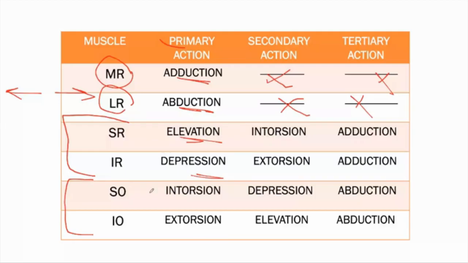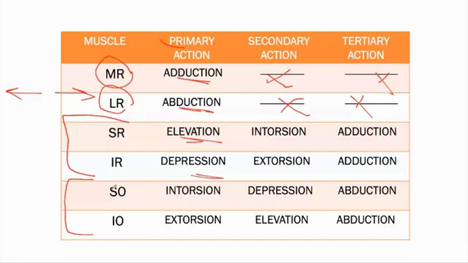But the thing here about the vertical recti and the obliques is that there is a direction of pull from origin to insertion, as there is an angle of the muscle to the center of rotation.